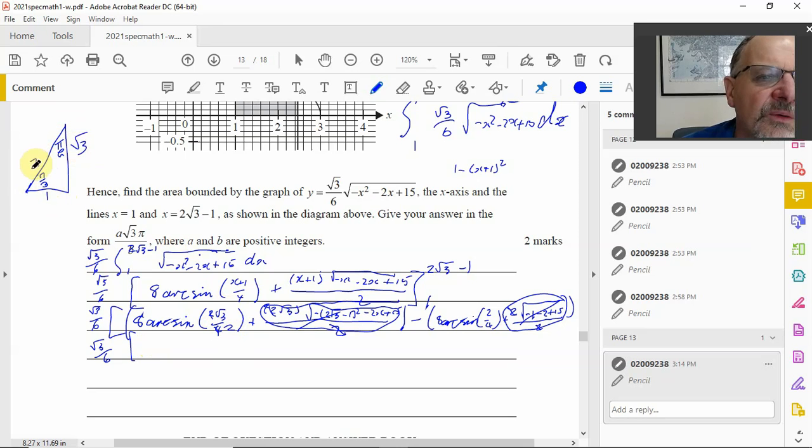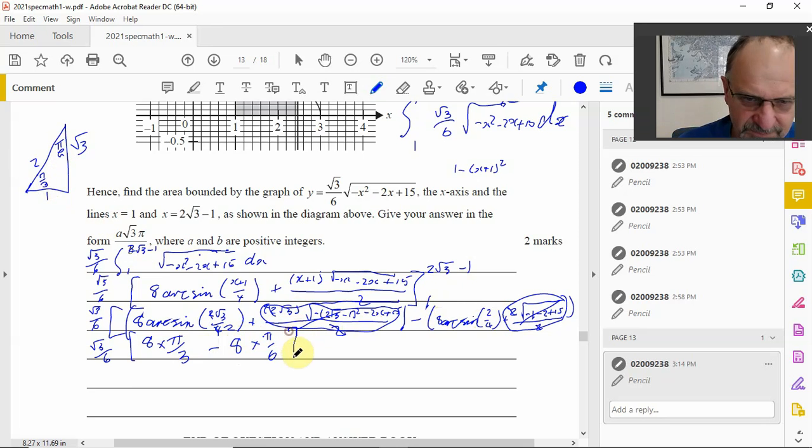So that's 8 times pi on 3 for that, and arc sine of 2 on 4, so that's a half, and so that's pi on 6. And don't forget that 8 that's here, minus 8 times pi on 6.